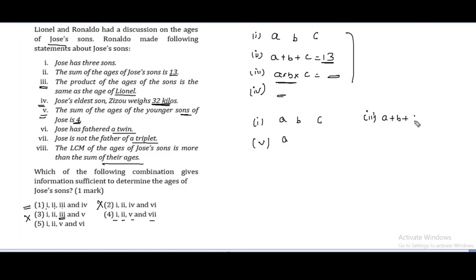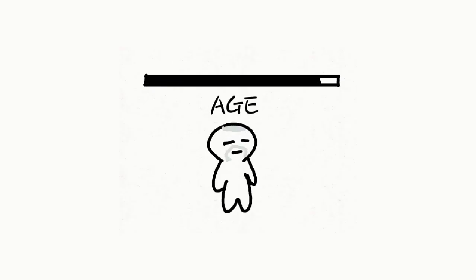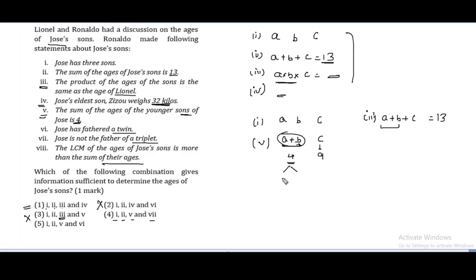Let's say the sons are A, B, and C, and the two younger sons' ages total 4. So the third has to be 9 because the total is 13. But I am still not able to find the exact ages because 1 and 3 is a possible combination, and 2 and 2 is also a valid combination. So right now I am not able to get the answer.